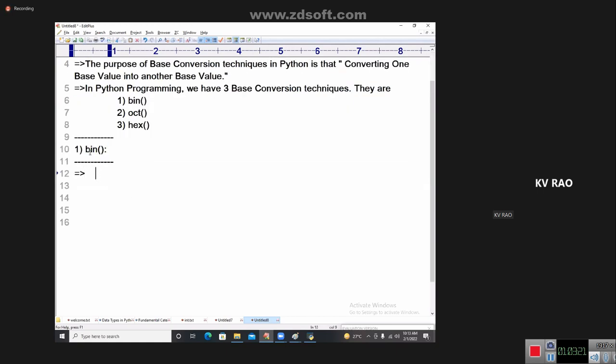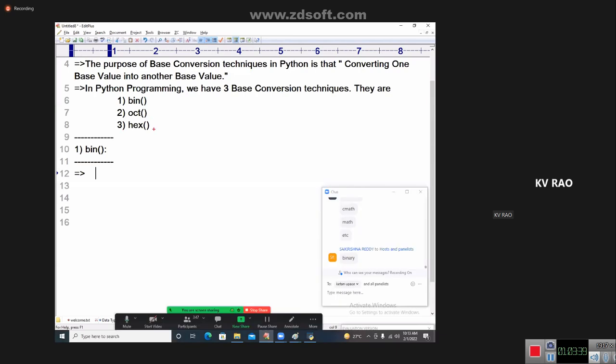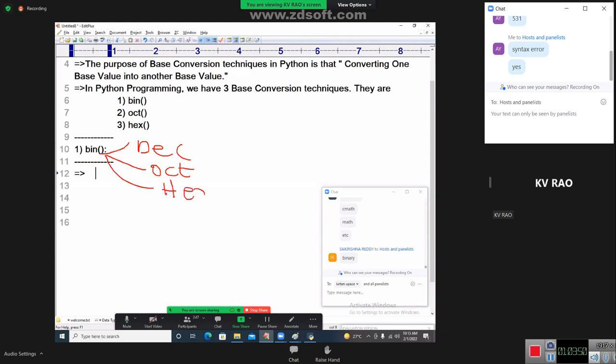Bin of. The name itself says it, dear students; those who read every day, practice my examples and come to my class daily can understand it very easily. The bin of function can convert decimal data into binary, octal data into binary, and hexadecimal data into binary.